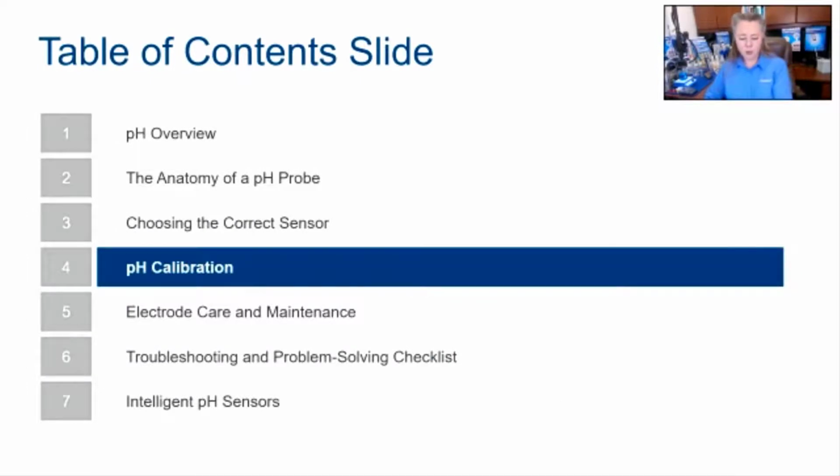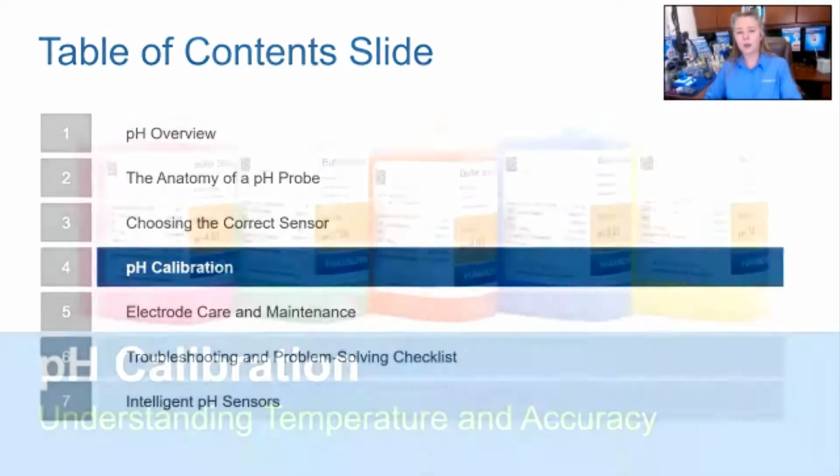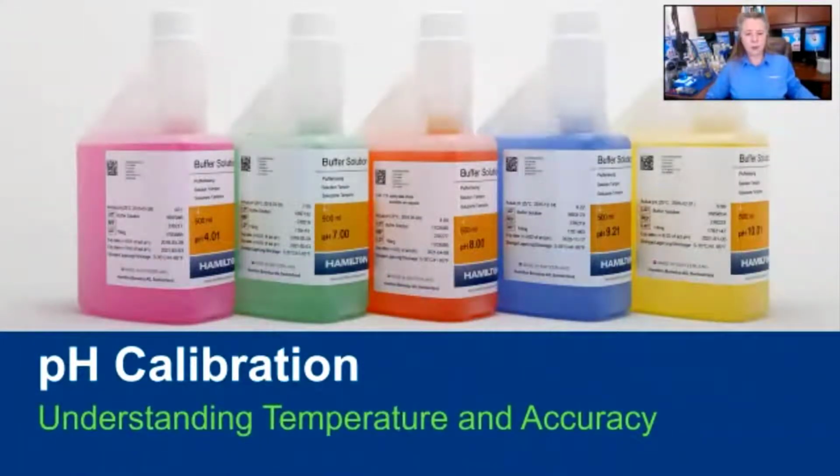So we're going to talk briefly about pH calibration. pH calibration is all about understanding temperature and accuracy and best practices. But before we even go into the practical side of things, we're going to do an exercise on how to calculate the pH slope.